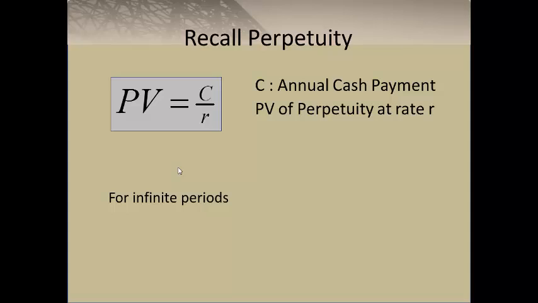Now let's put this in the context of a stock. If we bought a share of any company and wanted to keep it forever, then we keep receiving dividends from period 1 through period infinity. And the present value of these dividends could be represented by the sum going from t equals 1 through infinity, that's forever, of the dividend received at period t divided by 1 plus the discount rate to the power t.